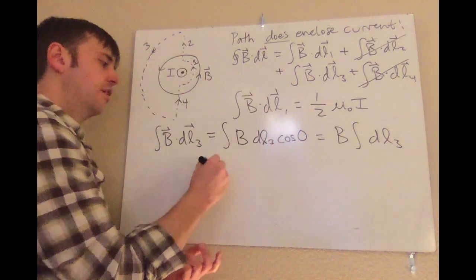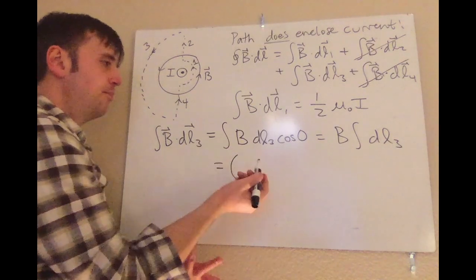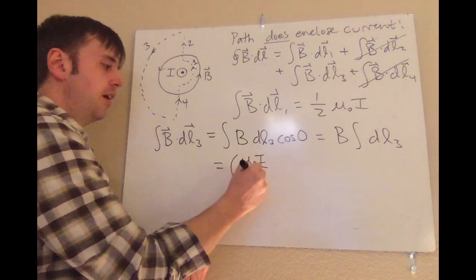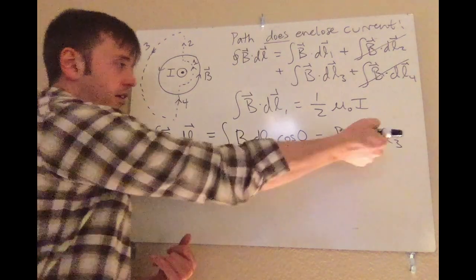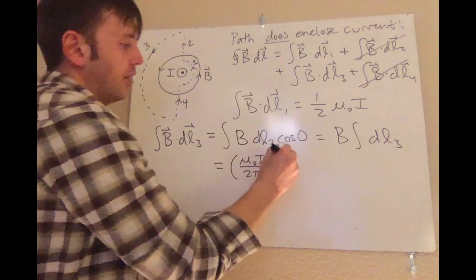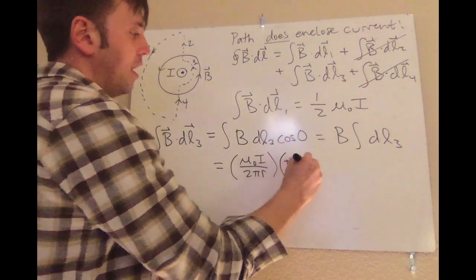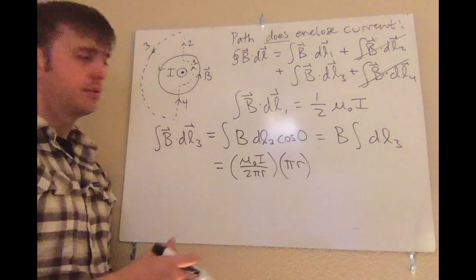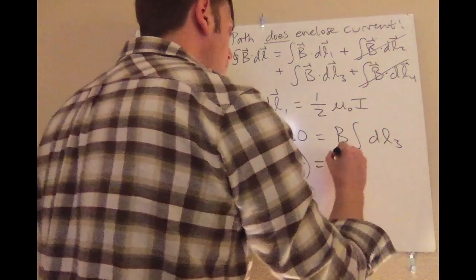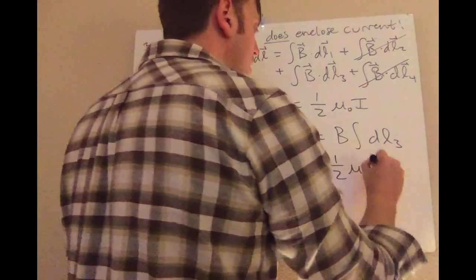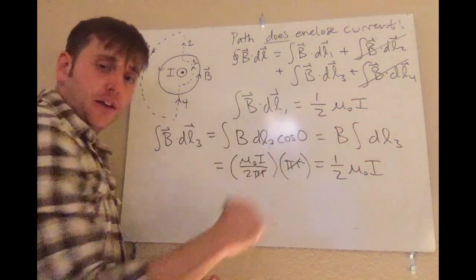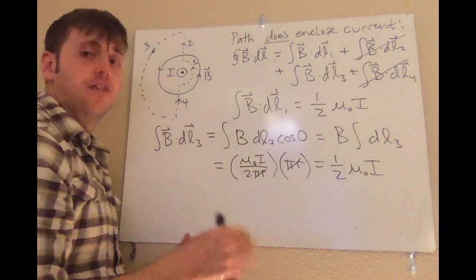It looks like we know how this goes, because the magnitude of B is mu naught times I divided by 2 pi r. And the total distance that we travel across path 3 is just half of a circle. Pi r is half of a circumference. So pi r cancels, and this comes out to 1/2 times mu naught times I. Before, this came out negative, and then these two canceled, and the whole integral came out to 0.